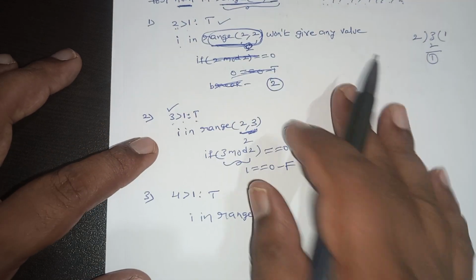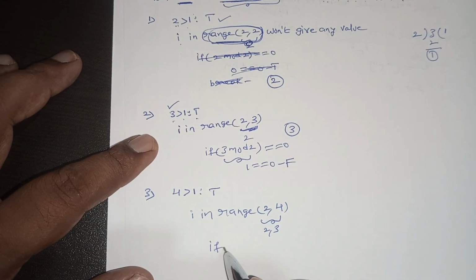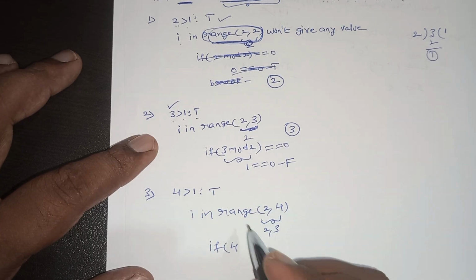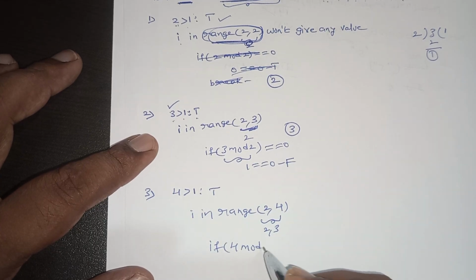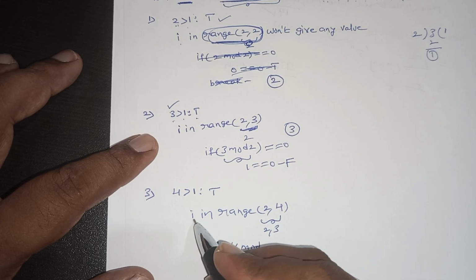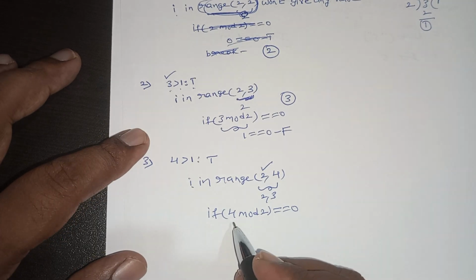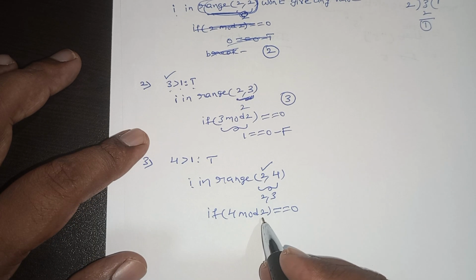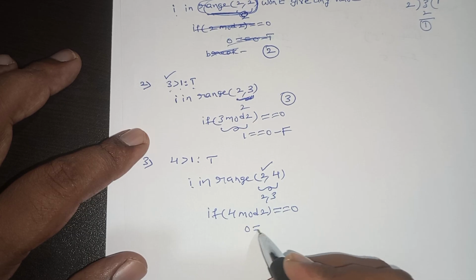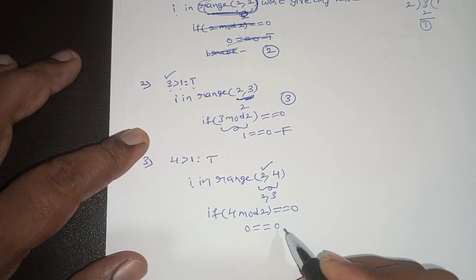Now what is the number? So if 4 modulus i, what is i equal to first time? i equal to 2 first time. So equal to 0. When you divide 4 by 2, what is the remainder? 0 equal to 0, condition true or false?